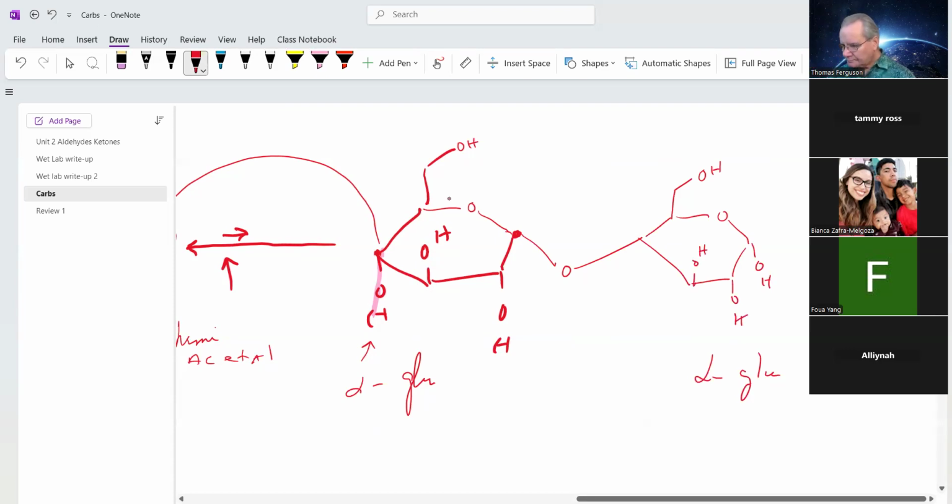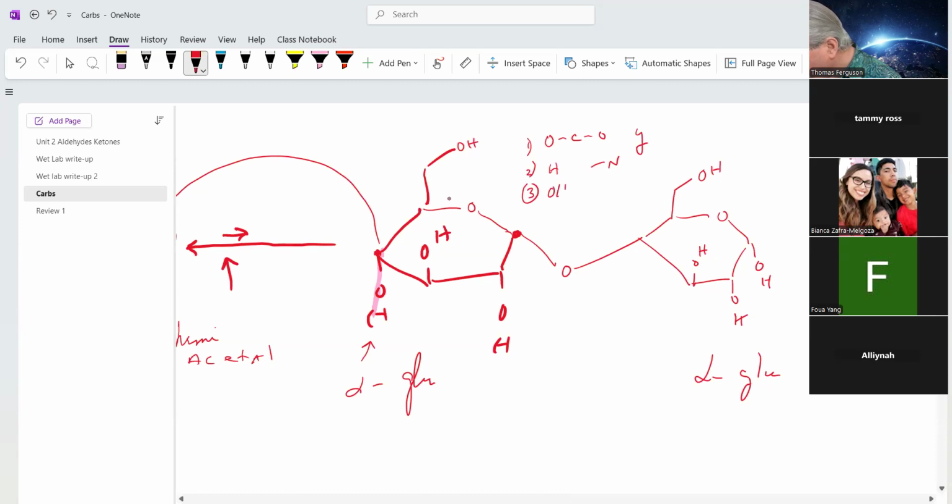Okay. So we have anomeric carbon right here. We have no H's. That means it's a ketal or acetal. And no OH. So this ends up being then a full-blown acetal here.